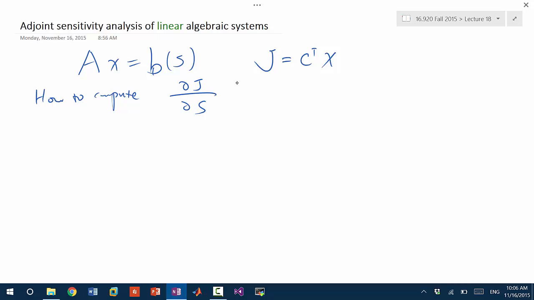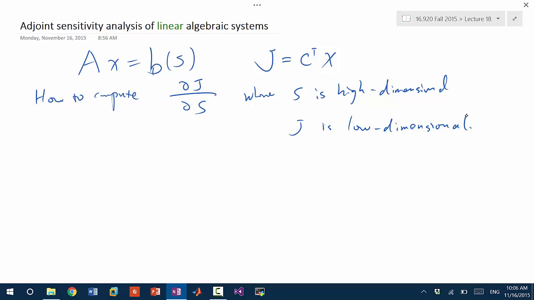So S is high dimensional, and J is low dimensional. Of course, you can find opposite cases when J is high dimensional and S is low dimensional.